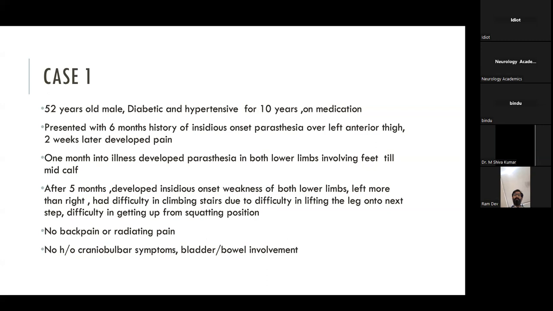So that is L5 distribution, in multiple peripheral nerves. Then after 5 months, he developed insidious onset weakness of both lower limbs, left more, that is difficulty to flex and take the leg onto the next step. So hip flexion weakness. And he also has difficulty getting up from squatting position, that is hip extension weakness.